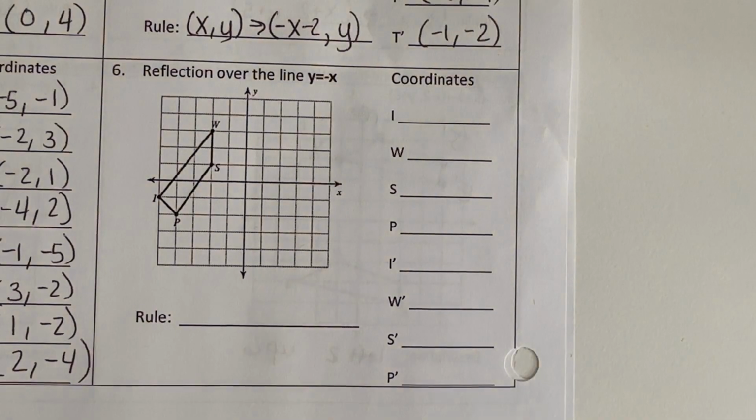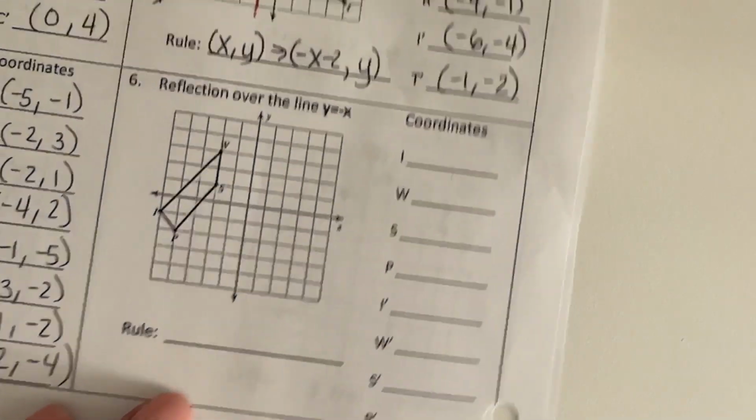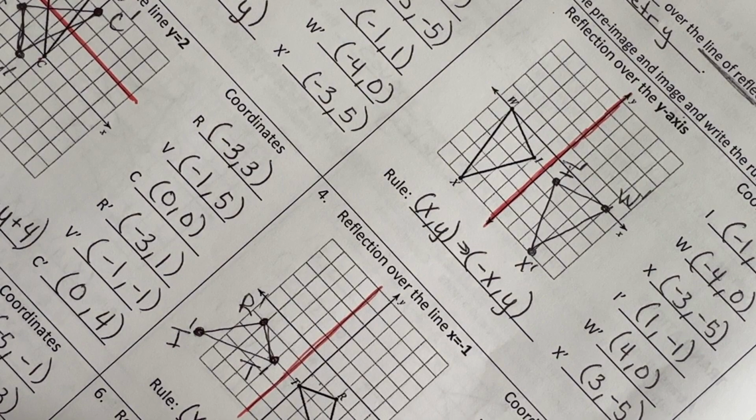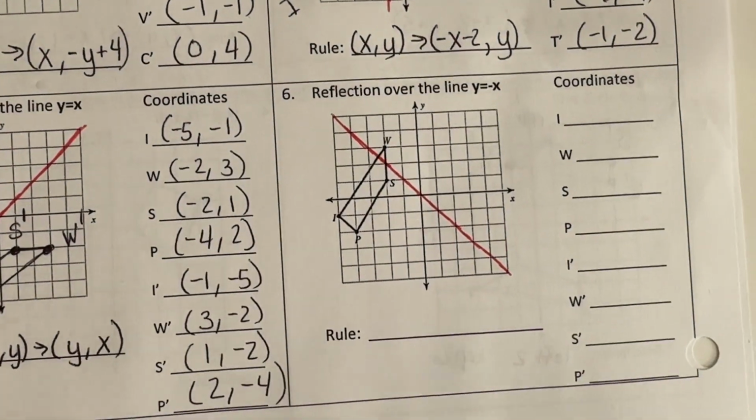Okay, so our last piece of our notes is the reflection over the line y equals negative x. I've got to turn my paper sideways because that line comes down like that. So there's my line.